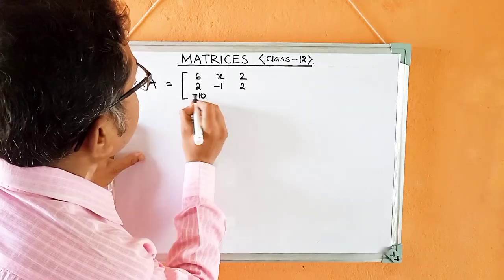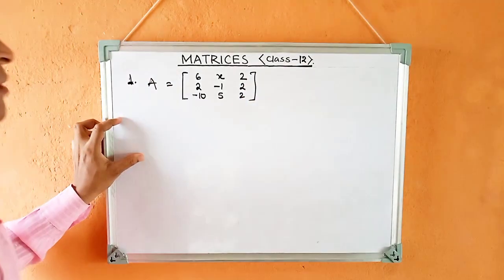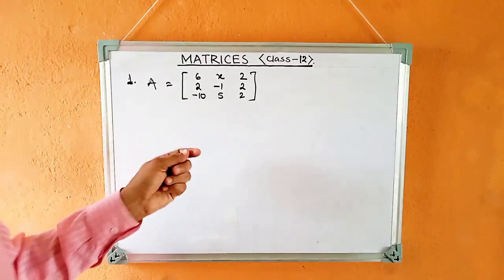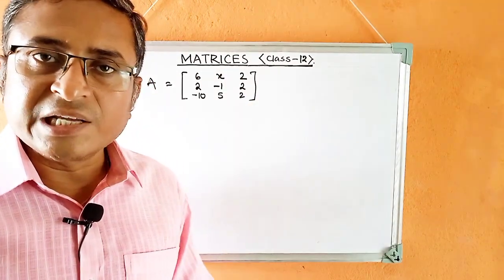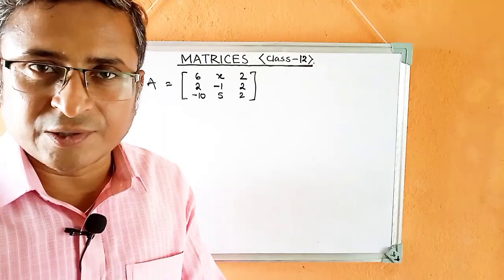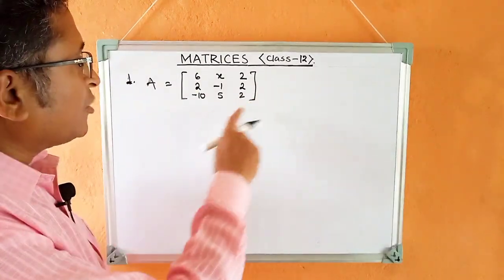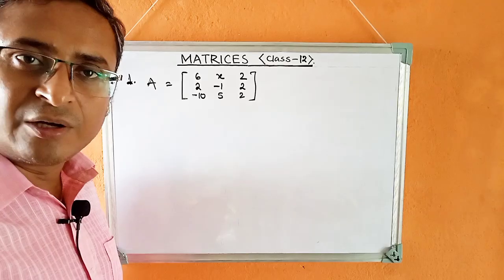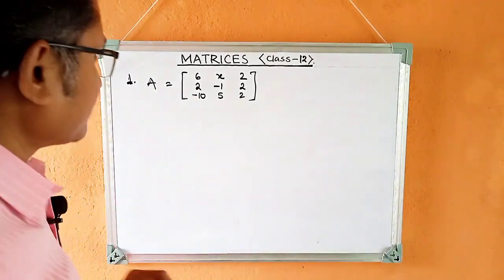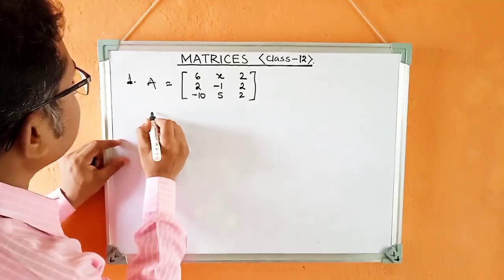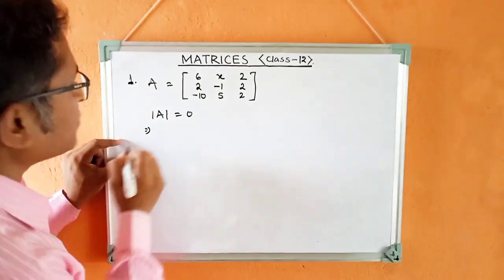It is a singular matrix. The question is to find the value of x. Since it is a singular matrix, the determinant of that matrix is equal to 0. It is a square matrix of order 3 into 3, so the determinant of matrix A is equal to 0. That is the condition of a singular matrix.